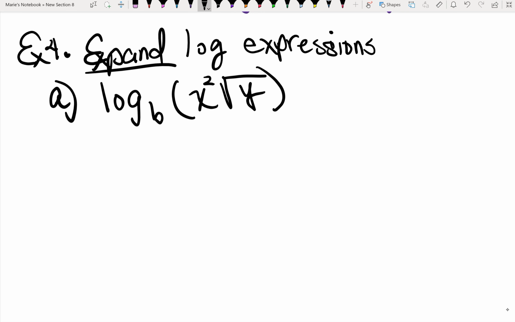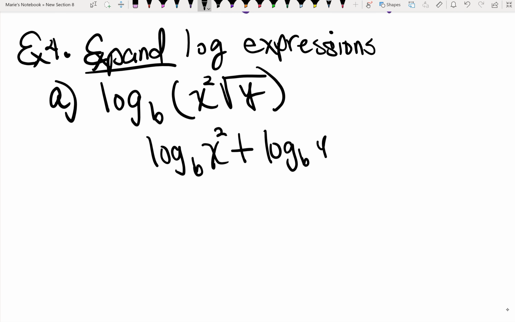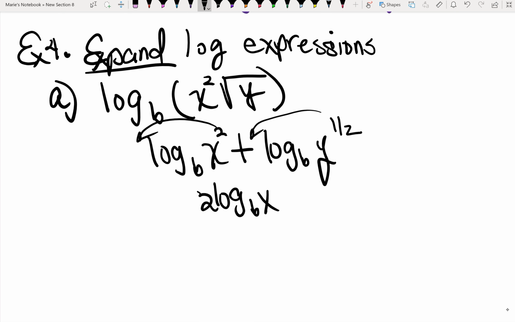This is just log base b of x squared plus log base b of y to the 1/2. I'm not done. Next thing I need to do is bring all of these forward. And so my last expression should be 2 log base b x plus 1/2 log base b y.